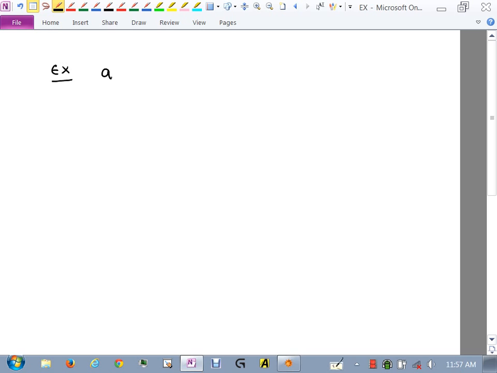Let's look at this just to make sure we're all clear on this. Let's say we have a sequence r to the n, where r is a real number. Then the sequence is r squared, r cubed, r to the 4th, right?